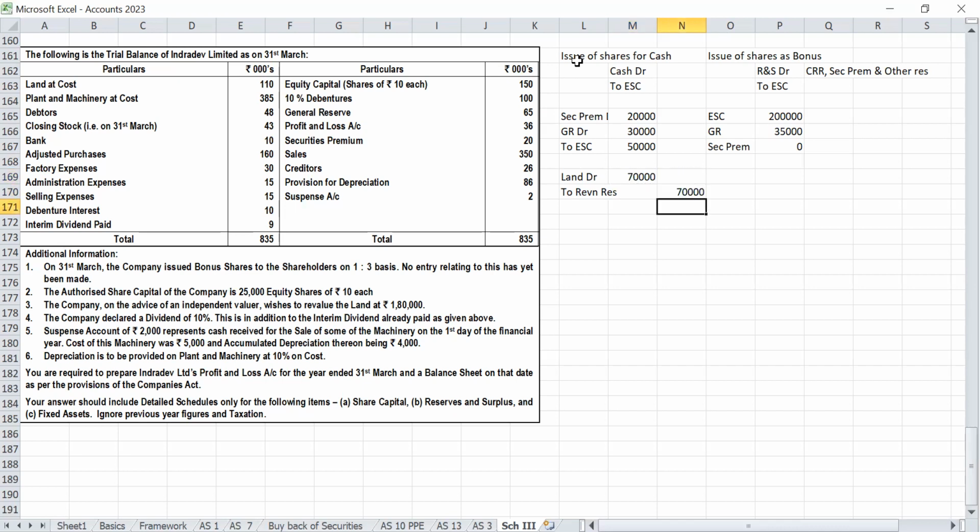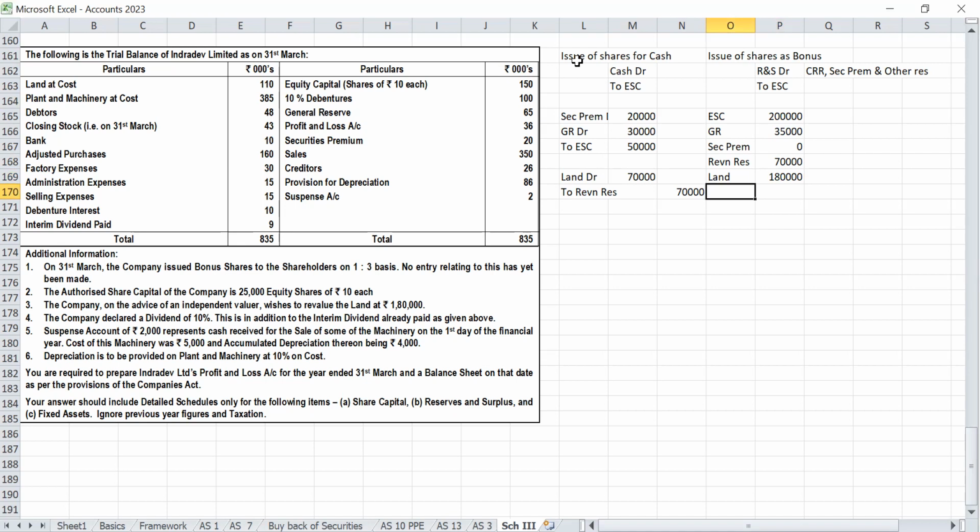So the entry will be land account debit to revaluation reserve. In the revaluation reserve, opening balance is nil, addition 70,000, closing 70,000. In land and building also, 1,10,000 plus 70,000, 1,80,000 will come under land and building.